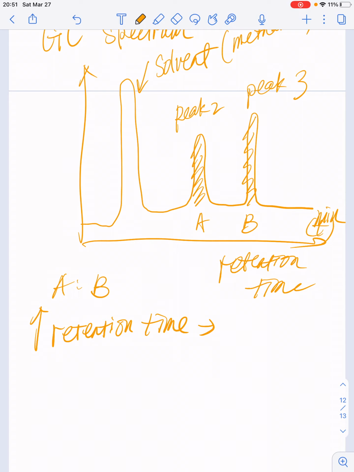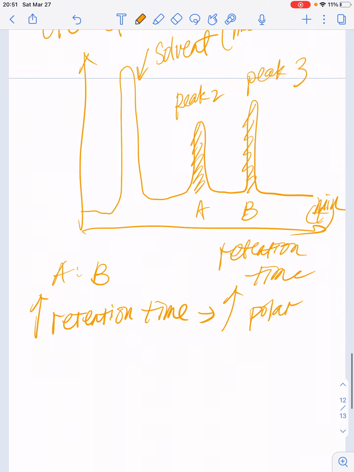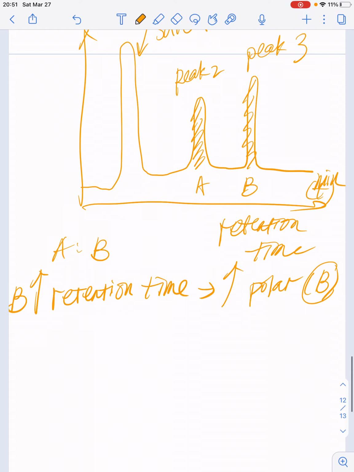If it stays in your column longer, then it's going to be more polar, right? Which means that product B, having the longer retention time, is the more polar compound, which renders compound A being less polar, right?